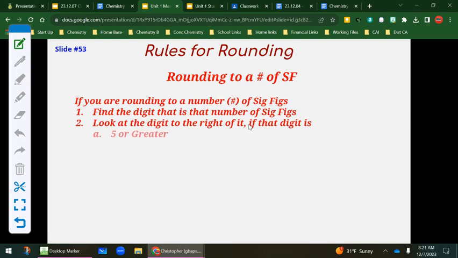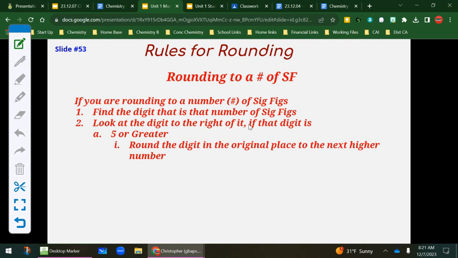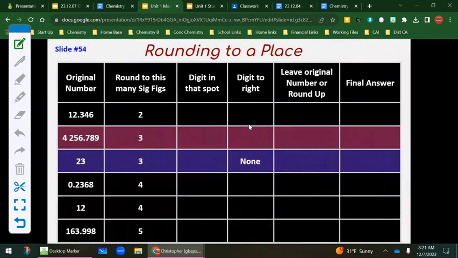If the digit after it is 5 or greater, we're going to round that number up. If it is 0 to 4, we are going to leave it. The rules don't change, just how we're deciding where to round does. By the way, once you find your third sig fig, if we're rounding to 3 sig figs, all we're really doing now is rounding to that place.